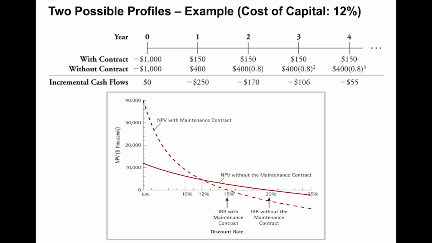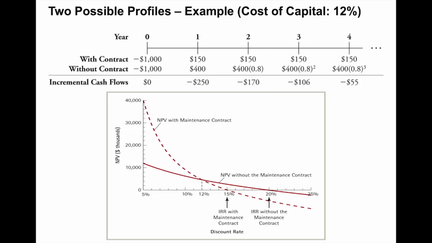So the incremental internal rate of return for switching from with the contract to without the contract can be quite easily seen in this figure. Where these two NPV profiles intersect here, that is our incremental internal rate of return. So it's 12%.